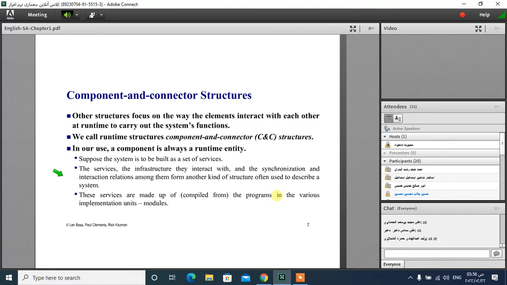This structure can also be used to describe a system. These services are also made up of the programs in the various implementation units. We call them modules. So different types of structures, for example, C&C structures and the module structures, can represent different parts of the system architecture.